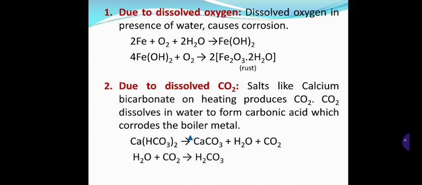Salts like calcium bicarbonate, on heating in the boiler, produce carbon dioxide, and this carbon dioxide dissolves in water to form carbonic acid, which corrodes the boiler metal. Carbon dioxide can be eliminated from boiler water by the addition of a calculated amount of ammonia.